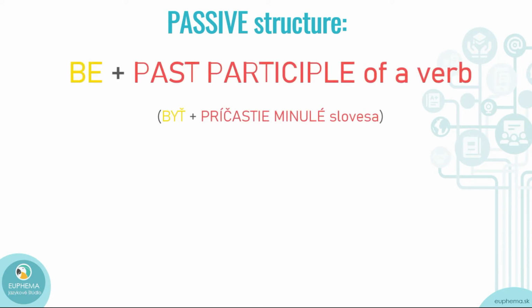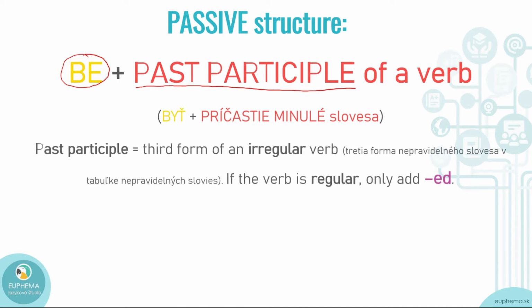Now, how to make this passive structure? Every time, you can be sure that you will need some kind of form of the verb be. And after this verb be, you'll have to use past participle of a verb. Now, this past participle, it sounds a little complicated and difficult, but it's not. I'll explain what it is. Past participle is the third form of an irregular verb.